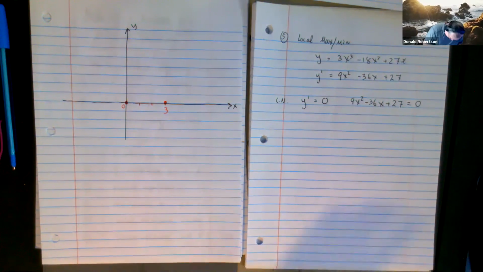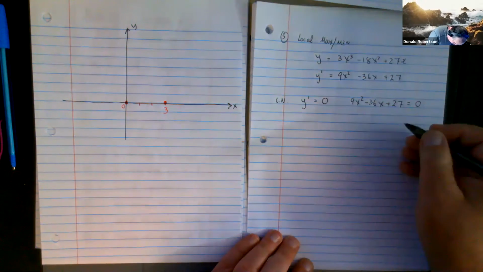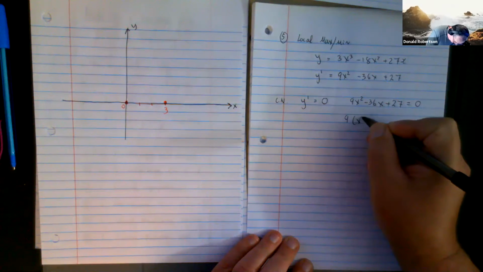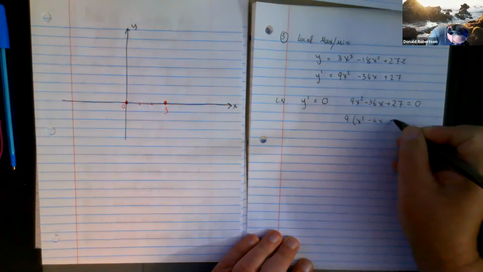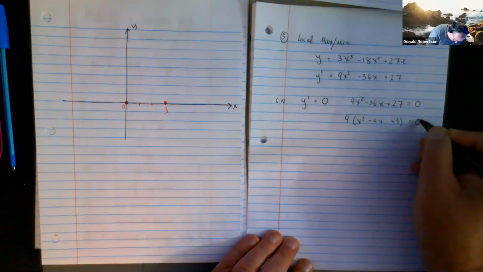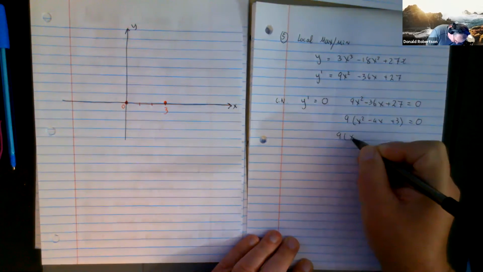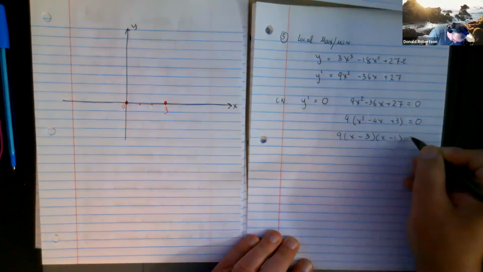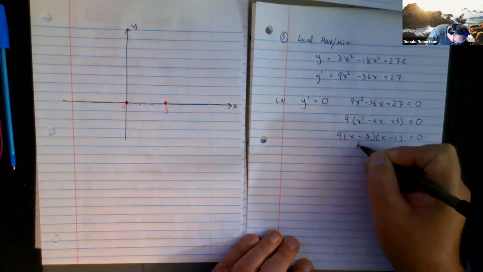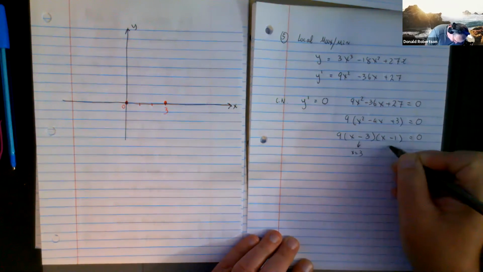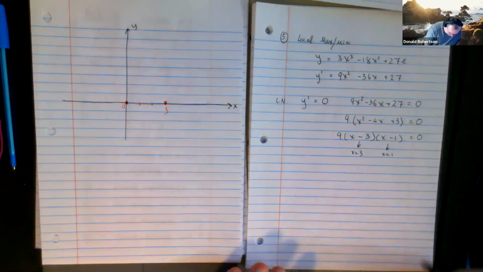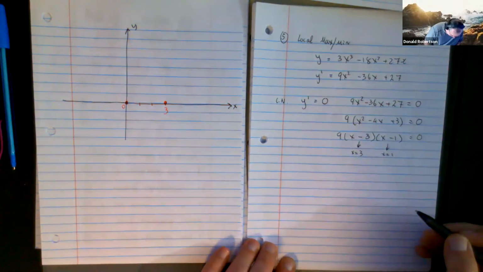In this particular case, I'm going to pull out, I think, 9, and that allows me to factor, which tells me I have 2 critical numbers, one at x equals 3 and one at x equals 1.